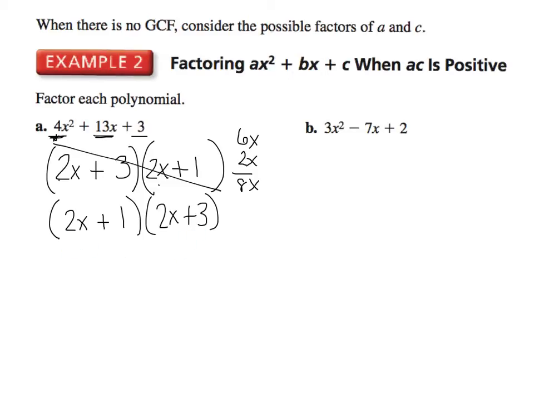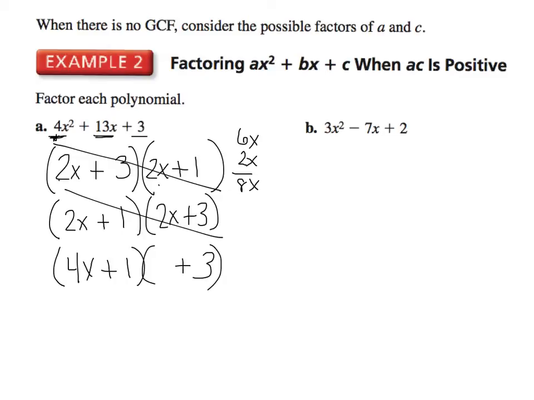You would still get 3 times 2x, which is 6x. 2x times 1, which is 2x. That still would not work. So now we have to go back and guess something else. Well, we know only 1 and 3 are going to work for my factors of 3. But what else can I pick as my factors of 4?